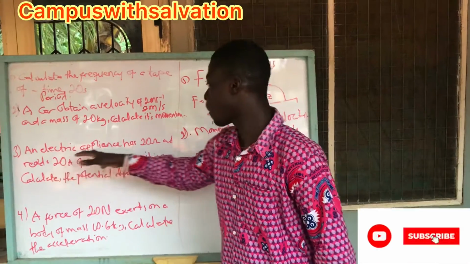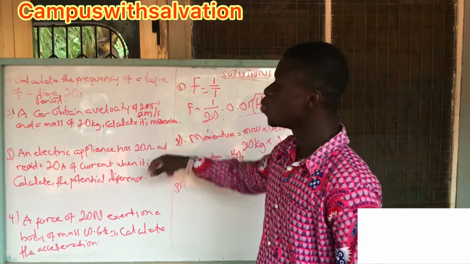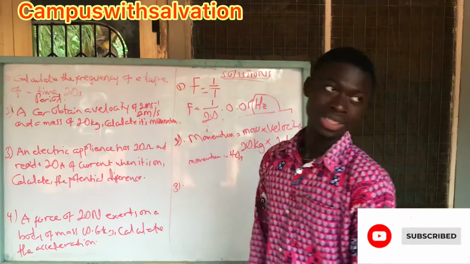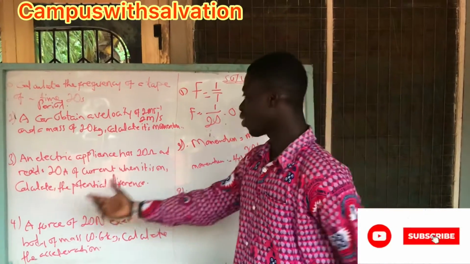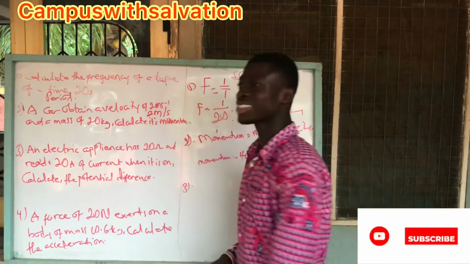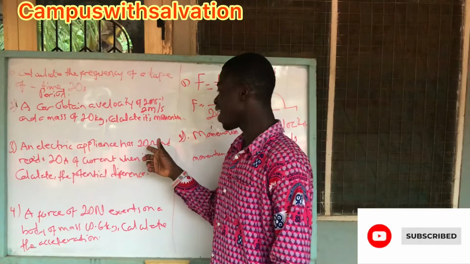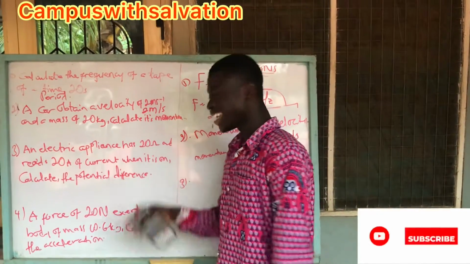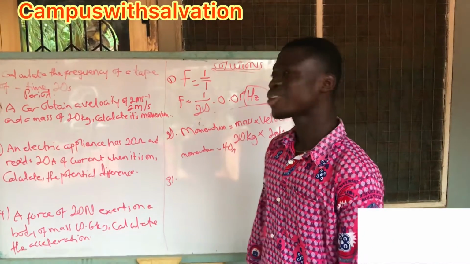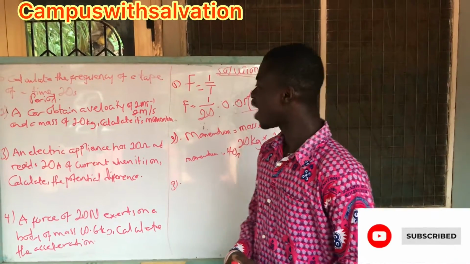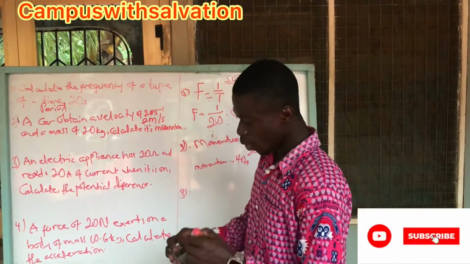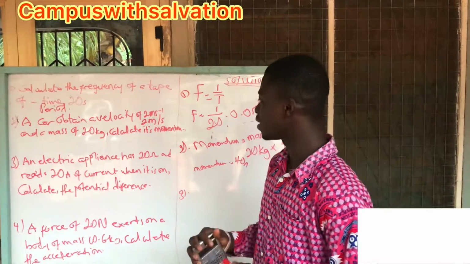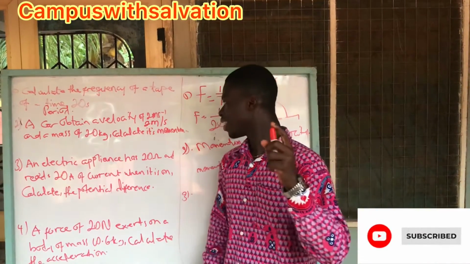Okay, an electric appliance has 20 ohms. This is the symbol for ohms. So maybe the question didn't mention ohms, but by seeing the symbol, you need to know that this 20 here is ohms. That's why I've been telling you to notice all the quantities and their symbols plus their SI units.